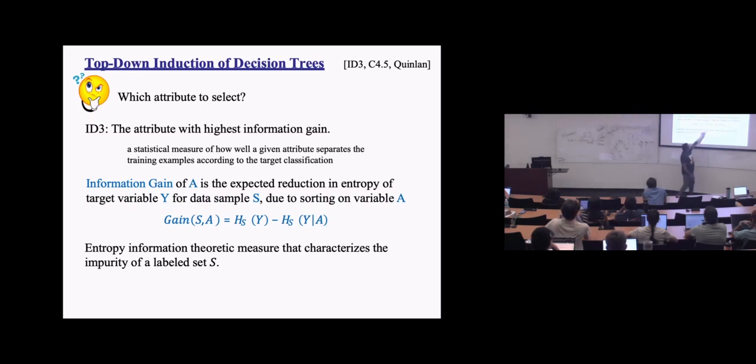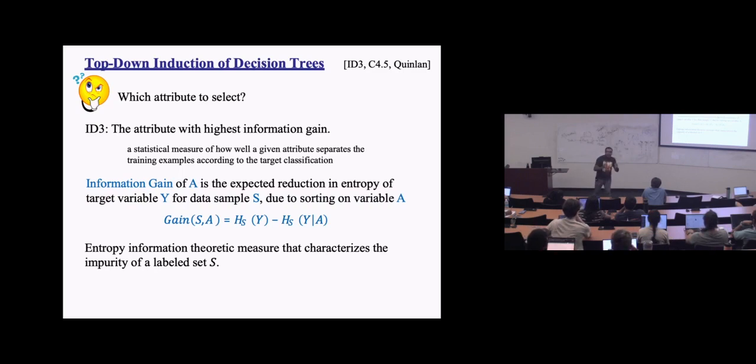So, this is the uncertainty originally for your target variable. And this is your conditional uncertainty, given some value of a particular attribute. Now, you know the A attribute from X. The value of A attribute, you know.